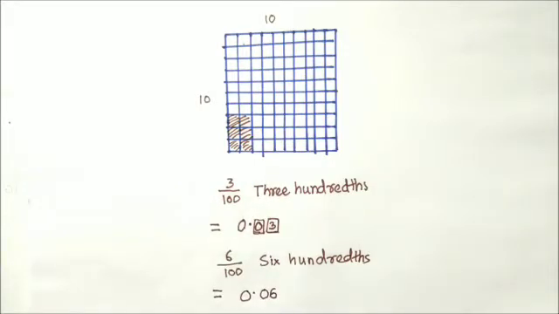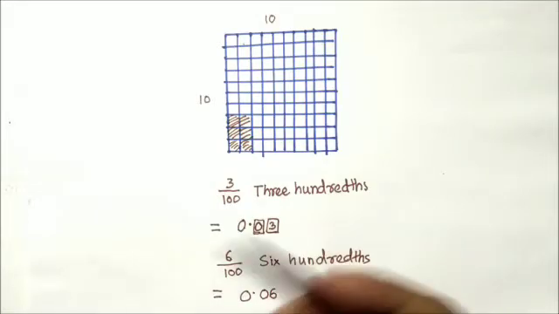Are you clear with this? And how to read it? We will read it as 0.06. In the same way, we will read the other as 0.03. You have noticed here, after the point we kept 2 digits.